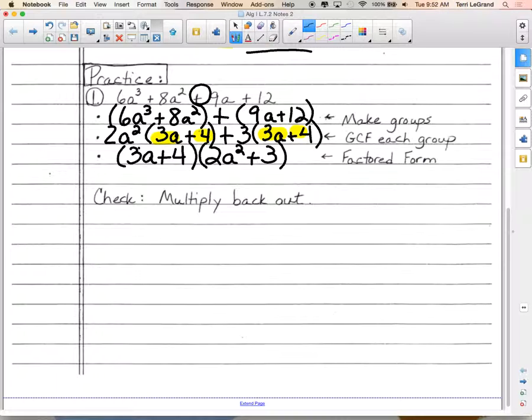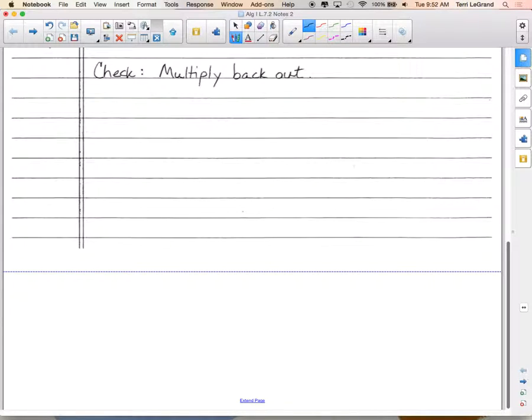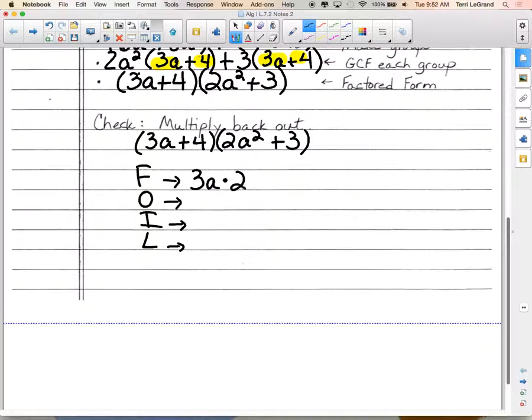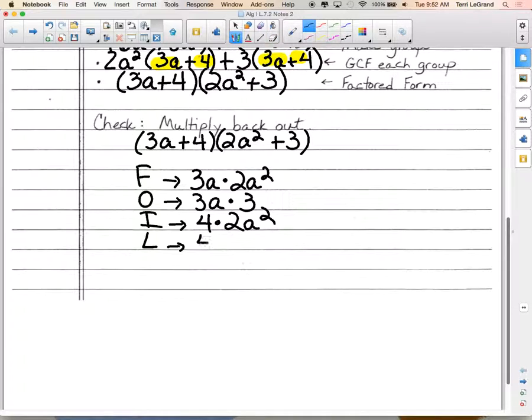Okay, now we're going to multiply it back out and make sure. Okay, so go ahead and use the method of your choice. And don't be looking at the original name while you're multiplying.